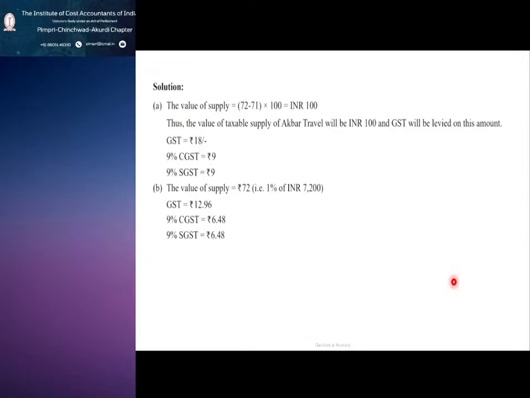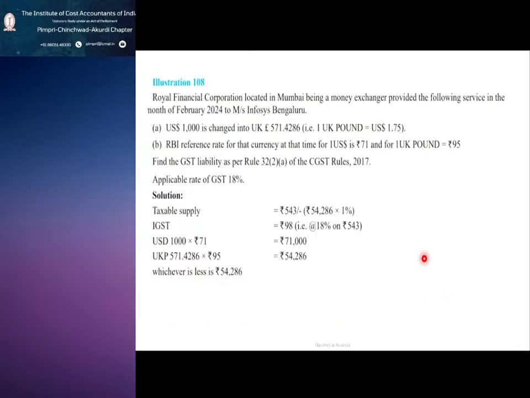I will take you to the example. Here you can understand easily. Royal Finance Corporation, located in Mumbai, a money exchanger, provided the following service in the month of February 24 to Infosys Bangalore. US dollar 1000 is exchanged into UK pound 571.